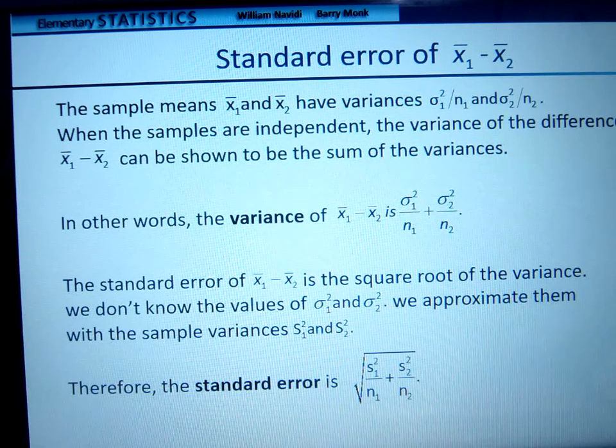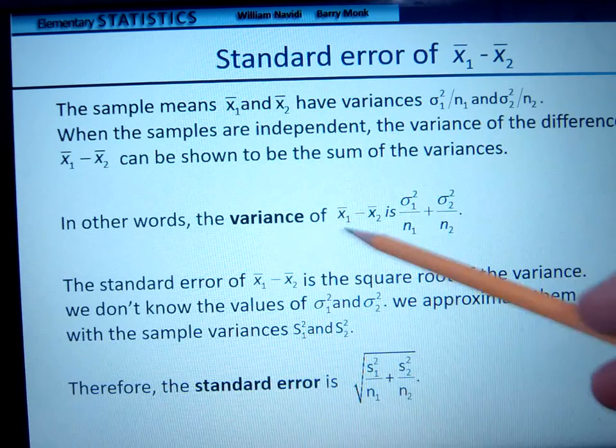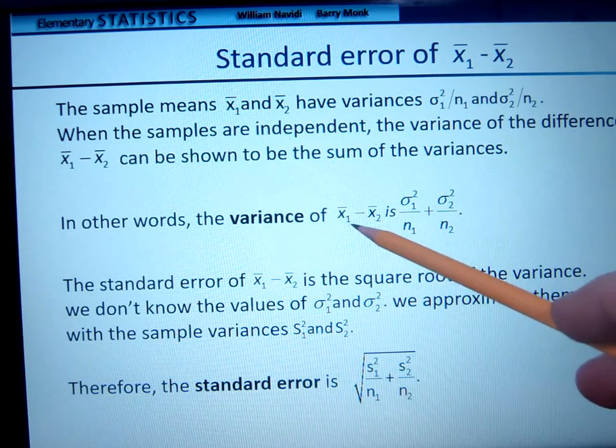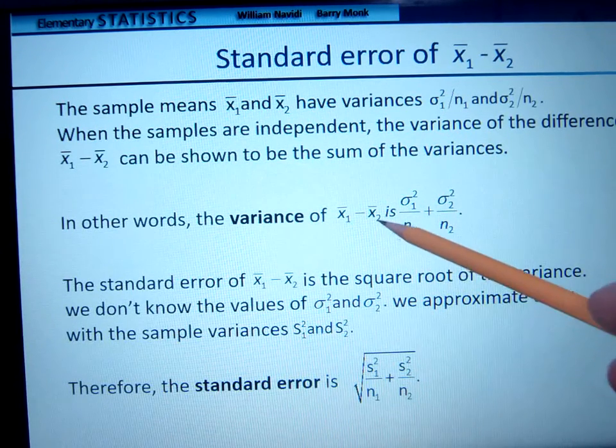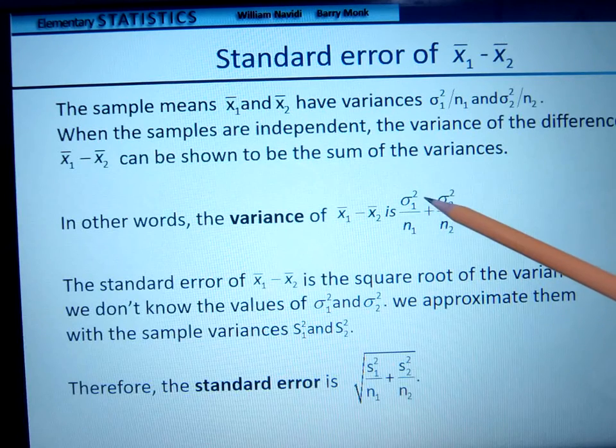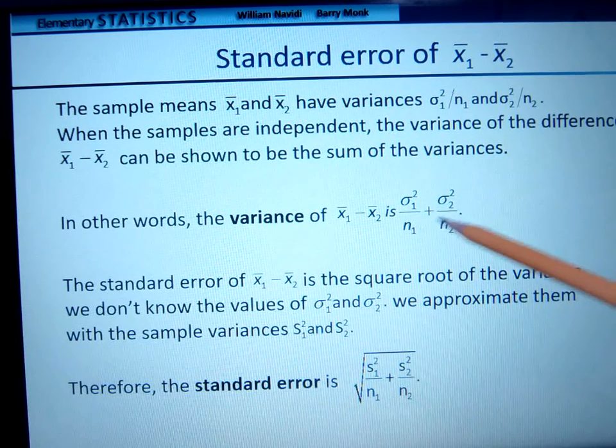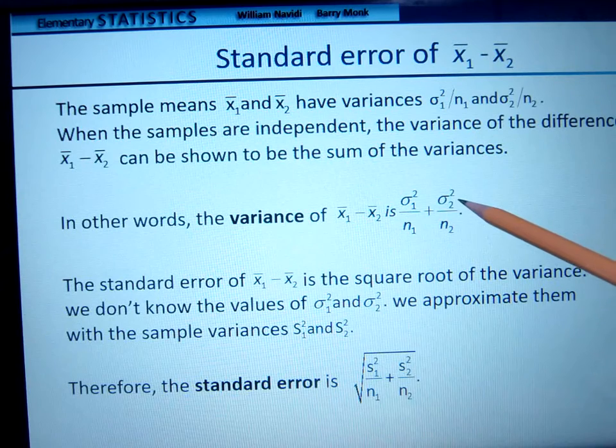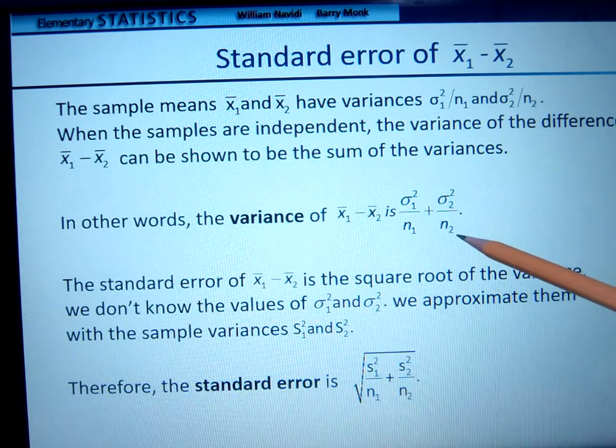I'm going to say that again. When samples are independent, the variance of the difference can be shown as the sum of the variances. So in other words, the variance of the difference between the two sample means is going to be the population variance divided by n sub 1 plus the population variance of the second one divided by n sub 2.